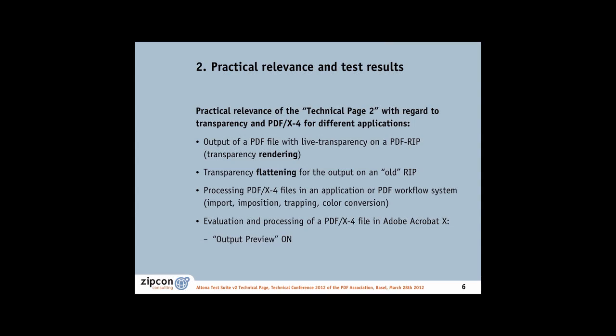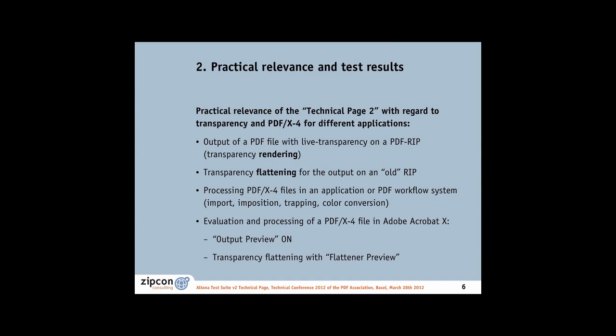But anyway, let's say it's the Acrobat Pro version that is used, and it has two features that are very interesting to look at in conjunction with transparencies. One is the output preview, which in the past used to be the function that creates the most reliable representation on screen of what is to be expected.